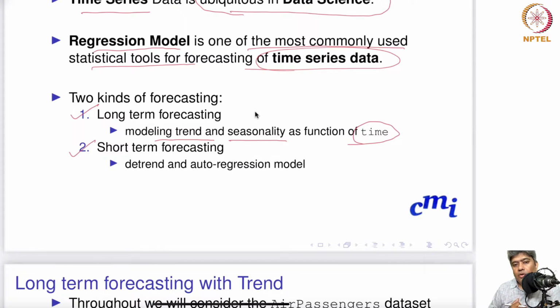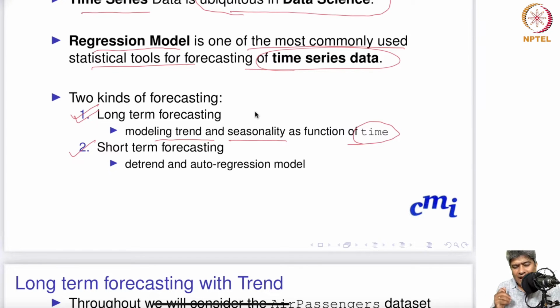But if you want quarterly forecasting, or a forecast for 1 year or 2 years ahead, that will be long-term forecasting. If your data is monthly and you just want to predict next month's demand, or it is weekly data and you want to predict next week's demand, that is typically called short-term forecasting. Just 1 or 2 time steps ahead is considered short-term forecasting.